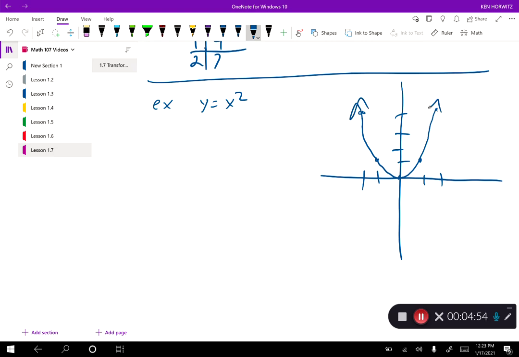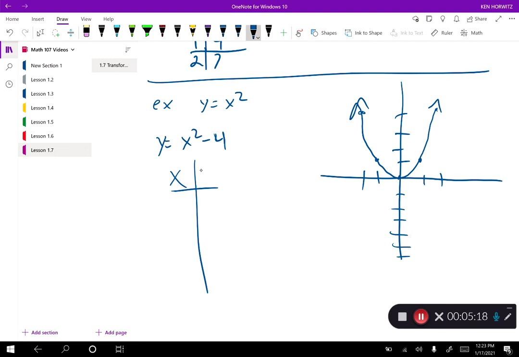All right, now the question is, what happens if I subtract on the end of my parent function? Well, if adding moved it up 3 units, we can assume subtracting will move it down. All right, in this case, 4 units. But let's do a table of values just to make sure.